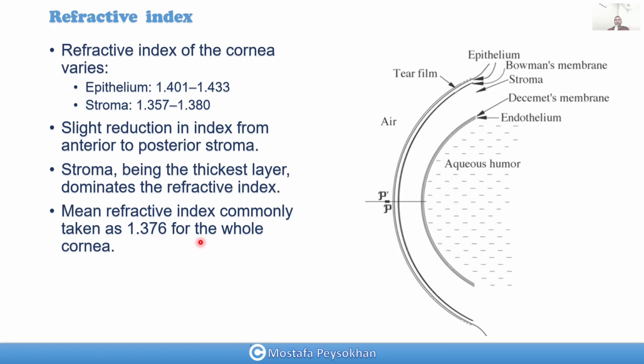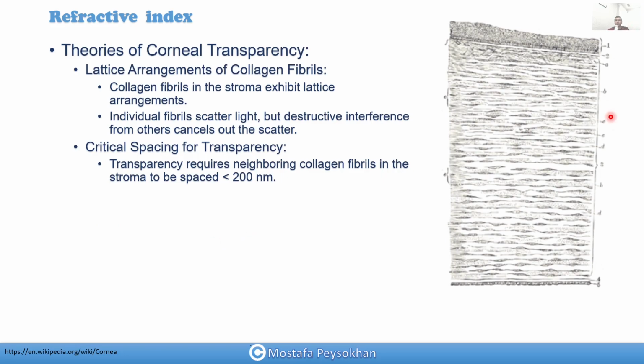Another thing I would like to talk about is that there are a few theories about why the cornea is optically transparent. I want to talk about two of them. This is the layers of the refractive index: the top layer, the bottom layer, layer 1 to the last one.